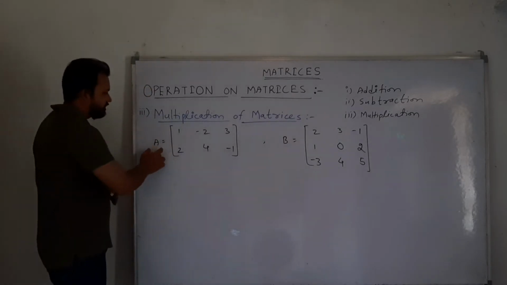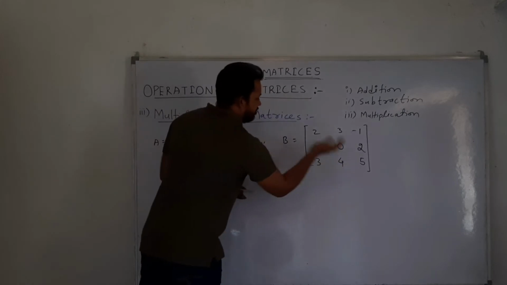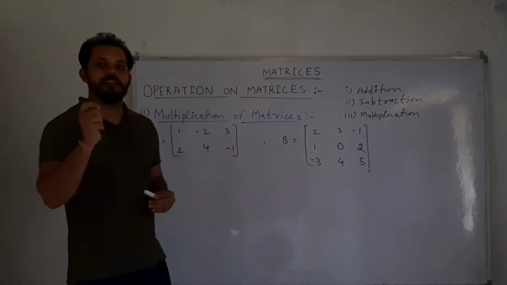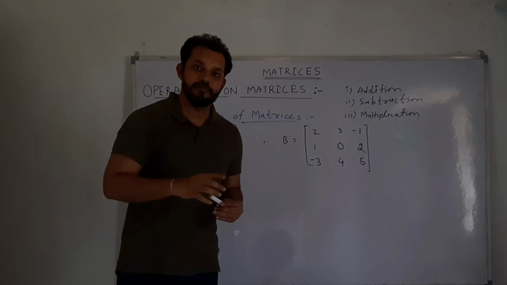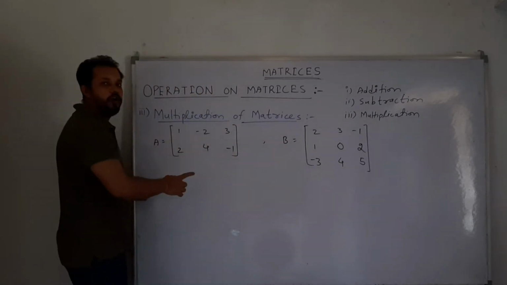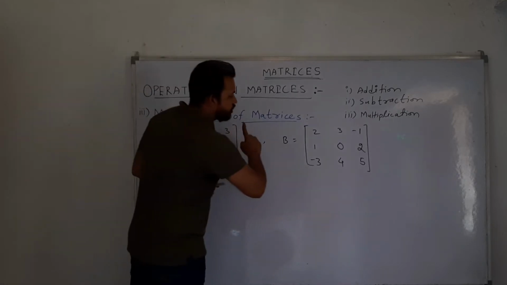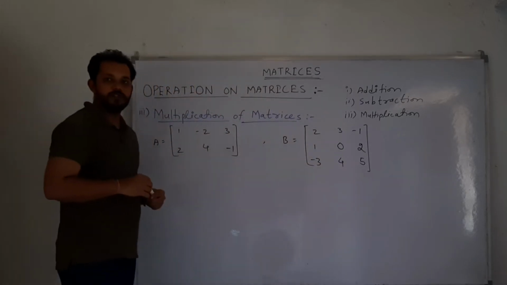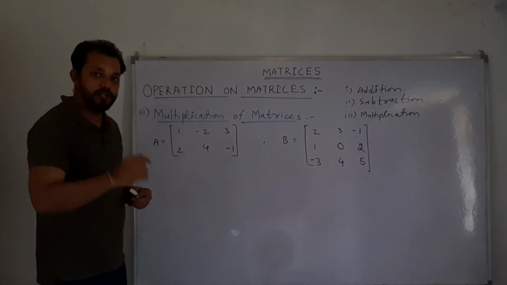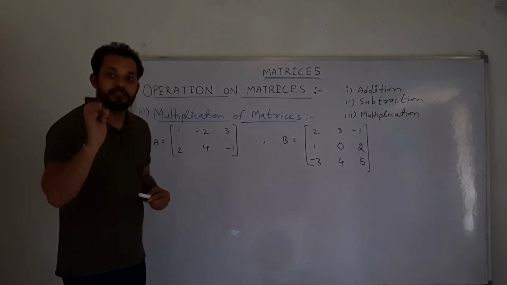Suppose we have matrix A, this, and we have matrix B, this. Before multiplying two matrices, we will check the necessary criteria. That is, the number of columns in this matrix should be equal to the number of rows in this matrix. So let's write the order of the matrices first.